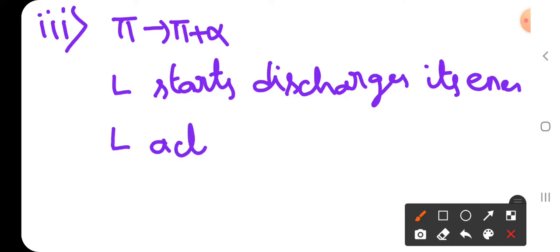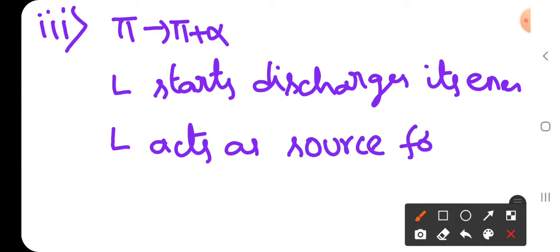The inductor acts as the source for IA, because it is discharging the energy. While discharging, it does not take any current from the source, but it acts as the source. So we can say that while the inductor is discharging the energy, it acts as a current source, and moreover, an ideal current source.